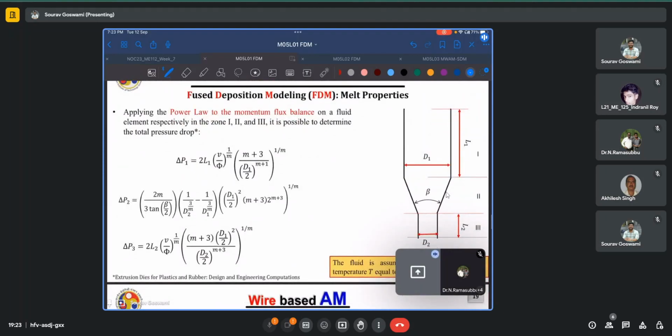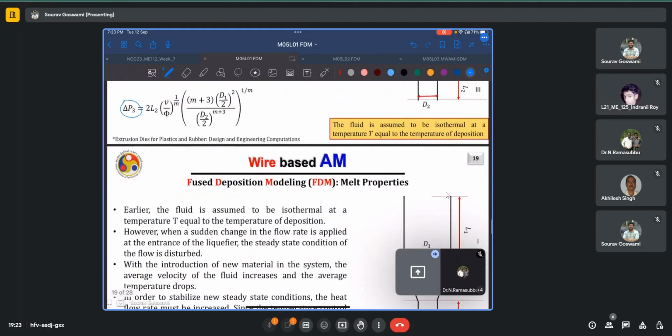Now, using this power law and the momentum flux balance, we can actually determine the change in pressure in each of the three regions and then combine them to find the total change in pressure across the liquefier. This can be back substituted to obtain the amount of compressive force needed to feed the filament into the liquefier.